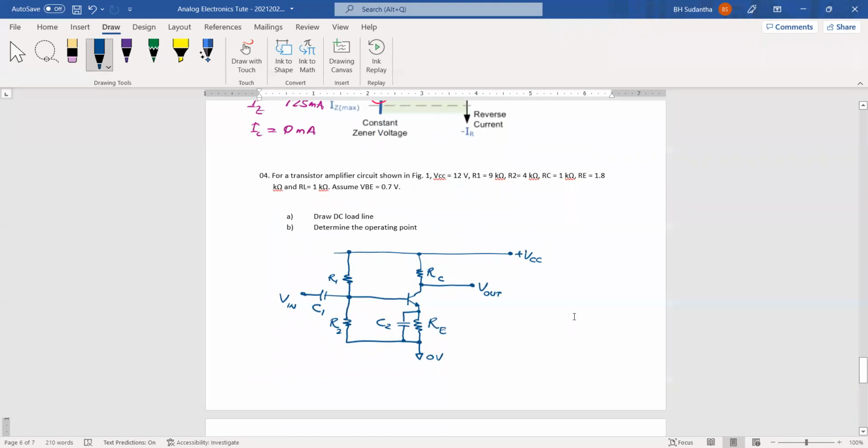This is the normal circuit; all the time you will receive this type of circuit. Sometimes there may be a small difference. You will have this input capacitor also, and this is the output, and this is C1, C2. This is the common diagram you will receive.